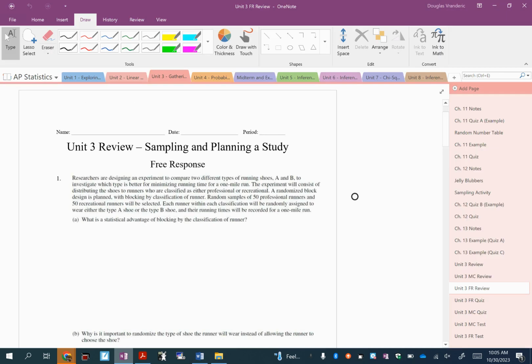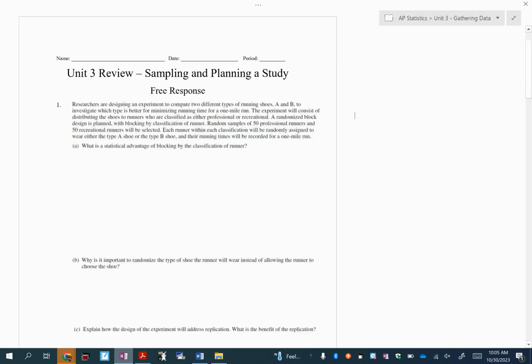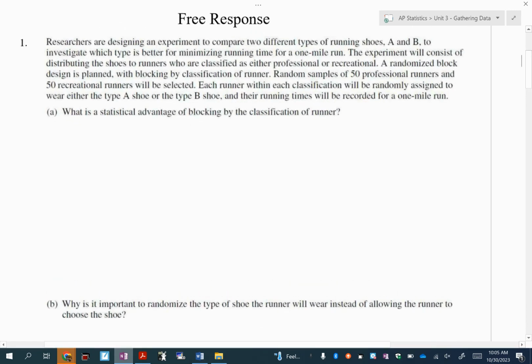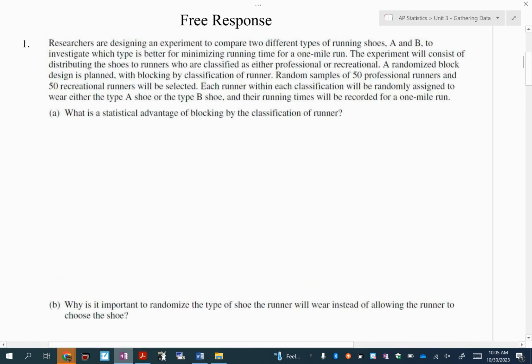All right, so let's start with question A, which says, what is a statistical advantage of blocking by classification of runner? So I know it's been a little while since we've talked about blocking, but blocking is used to account for a known source of variation in the response to allow for a more precise comparison of the treatments. So in this situation, that response variable would be the running speed.